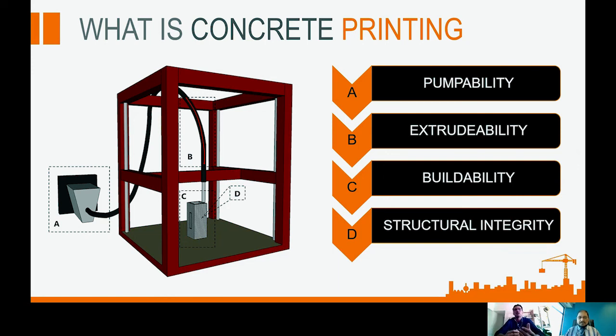Like you said, what are the free form capabilities? Can you theoretically print anything? This will tie into buildability. Does the geometry of the object that you desire to fabricate correspond to suitable material properties that allow this object to be fabricated? And then ultimately, the link between your fresh state properties, pumpability, extrudability, and buildability, is the structural integrity of that component.